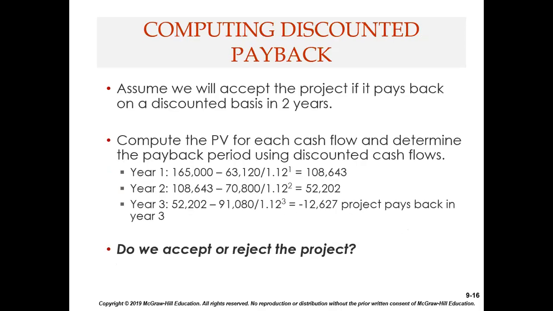So now assume we accept the project if it pays back on a discounted basis in 2 years. Well, what is the present value of $63,120? We already calculated that before. $56,357. So of the $165,000 present value, we receive $56,357 discounted back to present value by the end of year 1. The next year, we receive $56,441 because that is the present value of $70,800.